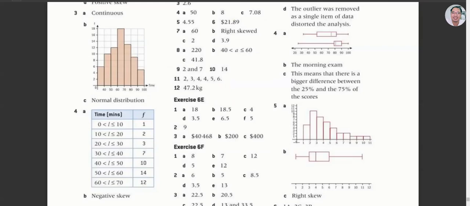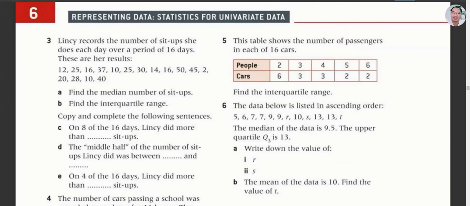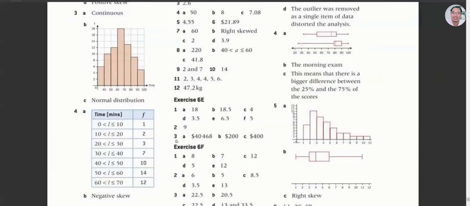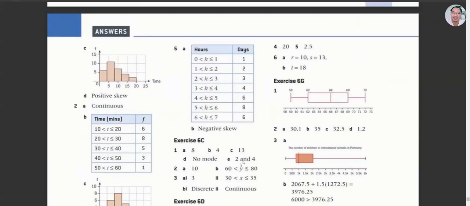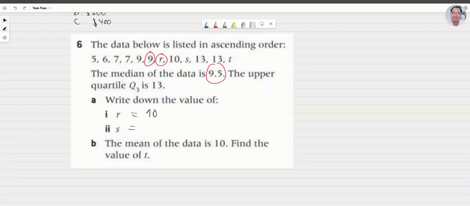S is number 6. R is 10 and S is? How do you find S again? It is the upper quartile also, which means the upper quartile 13 is half of the sum between S and 13.